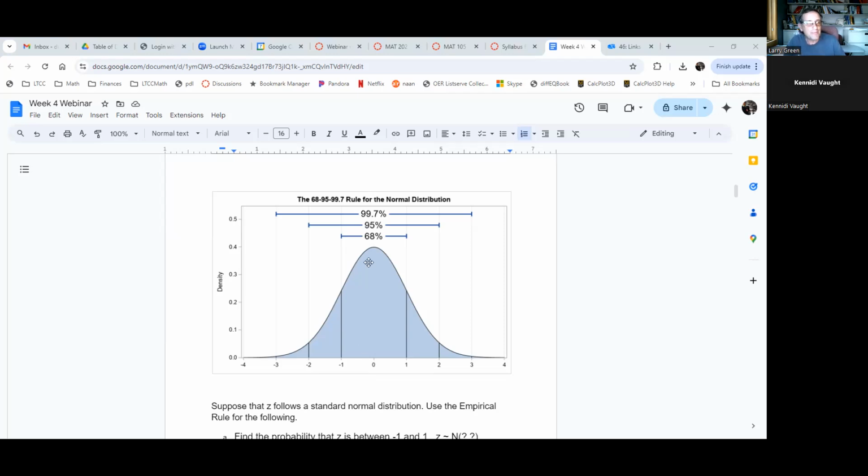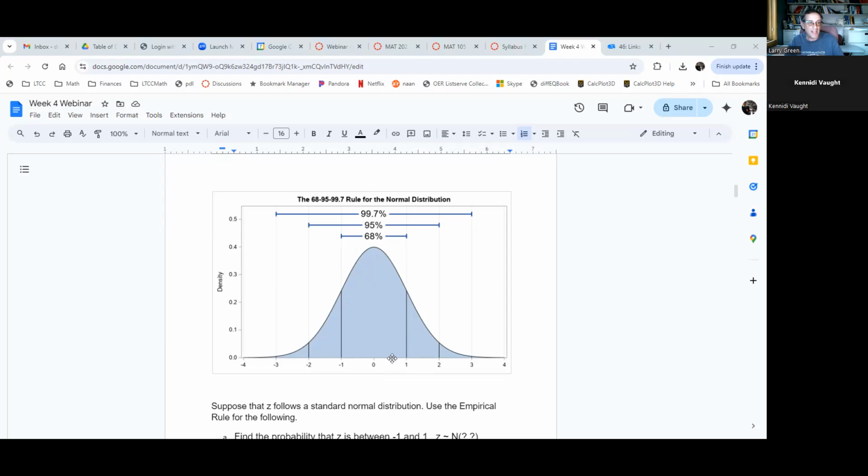And this is the empirical rule, which we talked about, I think, in week 1. For the normal distribution, approximately 68% is between -1 and 1 standard deviations from the mean. And if the standard deviation is 1, then it's between -1 and 1 if the mean is 0.